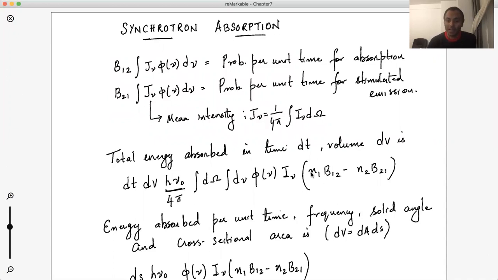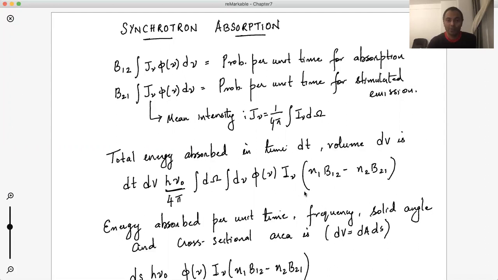Here n is the number of charges in the lower state n1 and the upper state n2. So n1 times B12: if I multiply by n, I get the probability per unit time per unit volume, because n is the number of particles which are absorbing per unit volume.